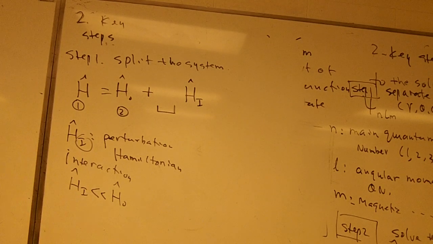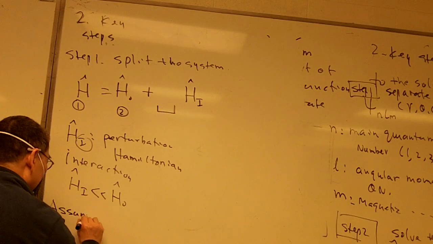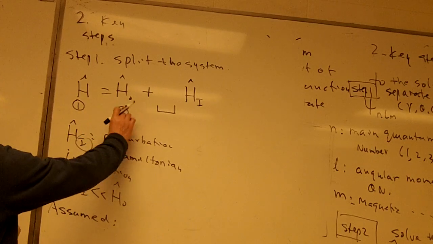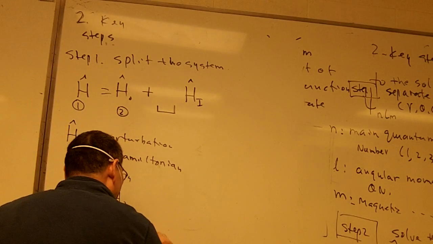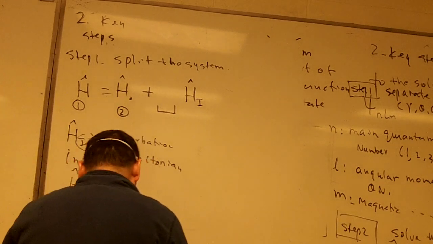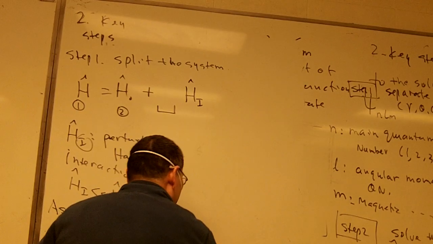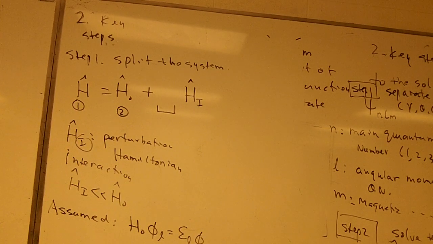Now we also assume that we already solved the problem for H0, or system 2. In other words, we already know this one here. The assumption is based on prior knowledge.